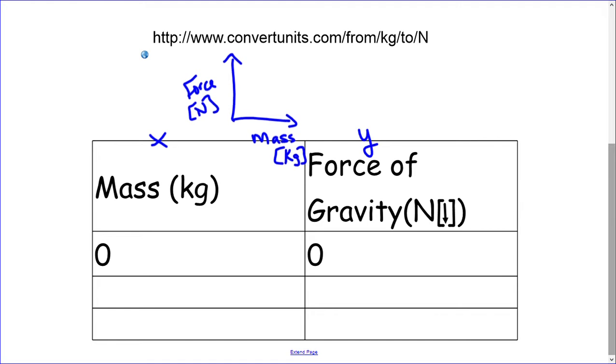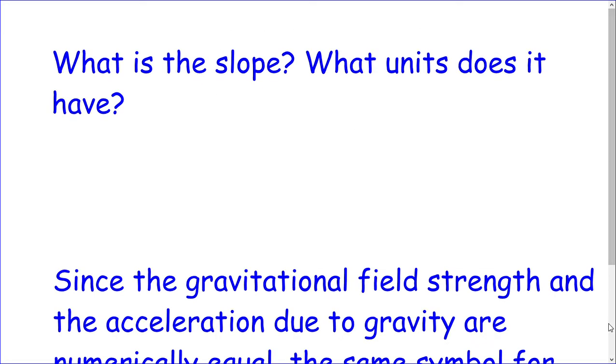And as you start to plot out points, you're going to notice that they all follow a linear pattern. They all follow a straight line. So using that idea, let's ask a couple of questions to really understand what's happening here with a force to mass comparison. The slope of this line is going to be a ratio of force to mass.